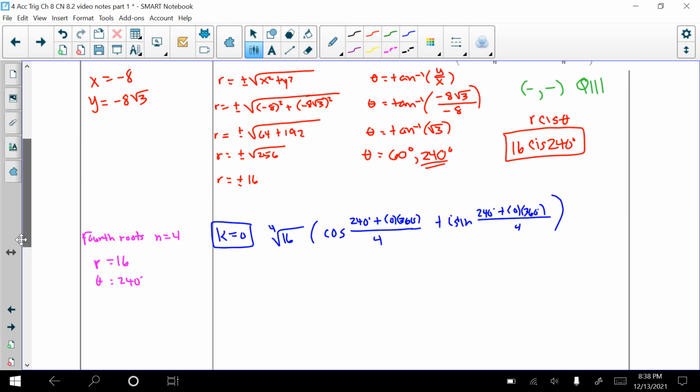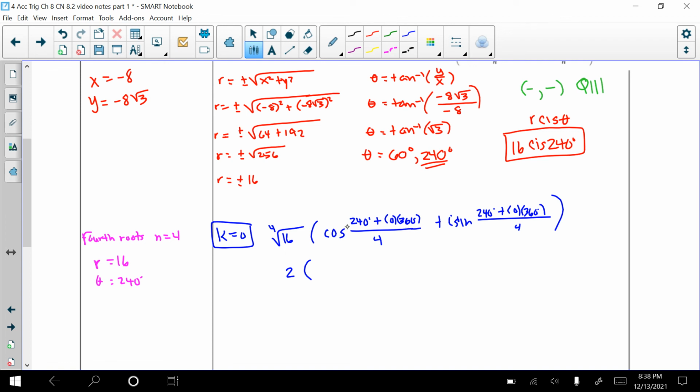All right, so fourth root of 16. This is something that we can figure out. Remember, a fourth root is asking you what times what times what times what is 16. And that simplifies down to the number 2. And then take a look at your angle information. We'd have cosine of 240 plus technically 0, because 0 times 360 is 0.